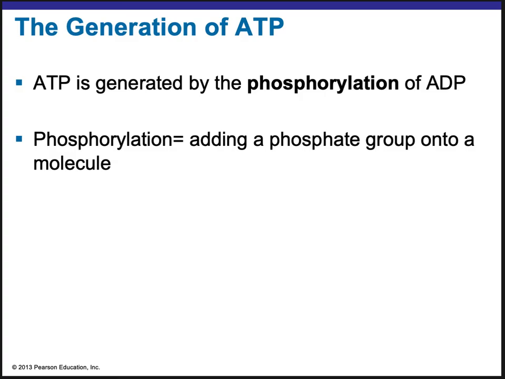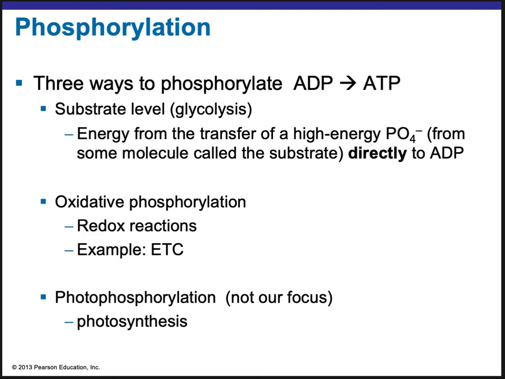Okay, so the first way is what we call substrate level. It's taking the phosphate directly from one molecule and putting it onto the ADP. And this happens during what we call glycolysis, which we'll see a lot today. Okay, and then we have oxidative phosphorylation, where you carry out redox reactions.